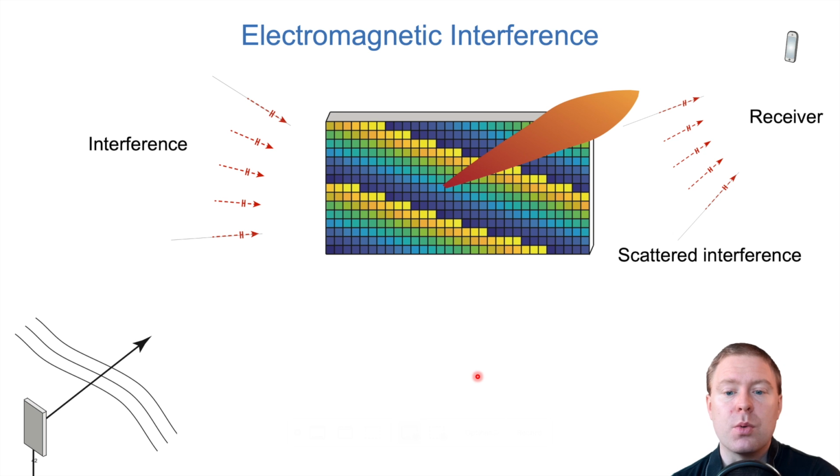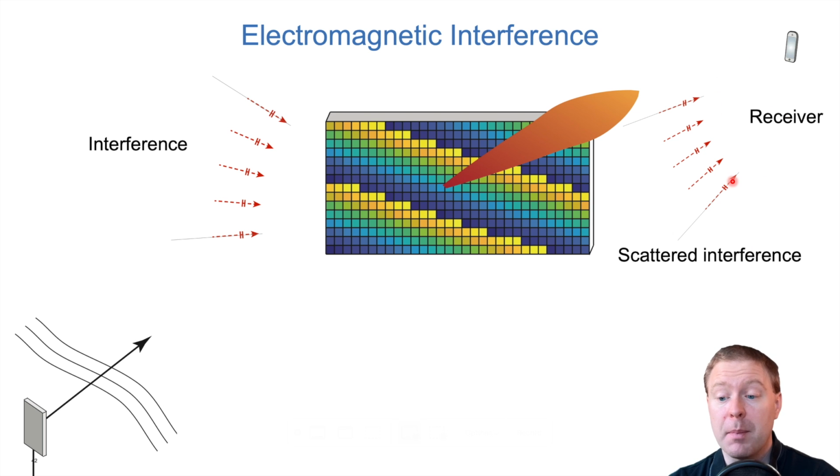Another aspect to remember when it comes to the link budget that you can achieve in a system like this is that when you're having a transmitter that is sending a signal towards the IRS, that is then scattering the signal or reflecting it as a beam towards the receiver, then if there are other signals, interference or noise or whatever we would like to call it, that is impinging on the surface, those signals will also be scattered.